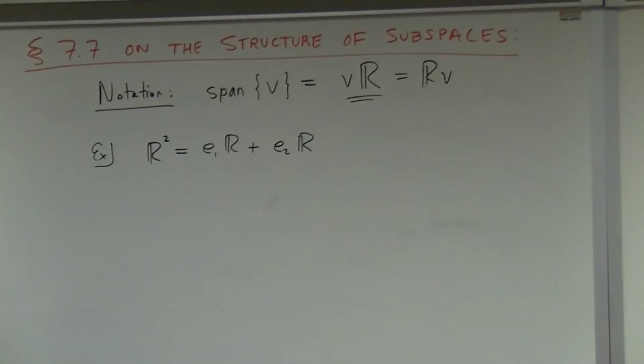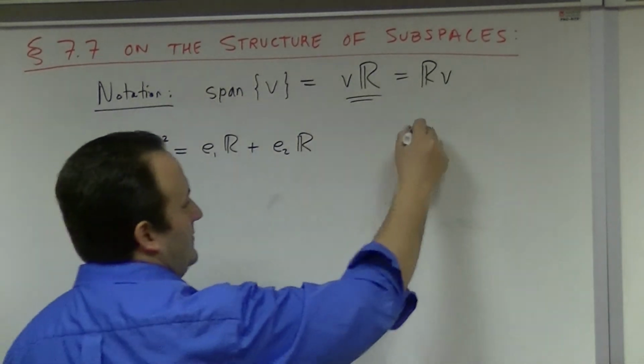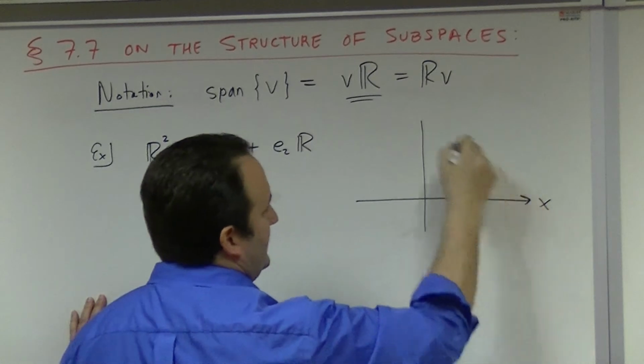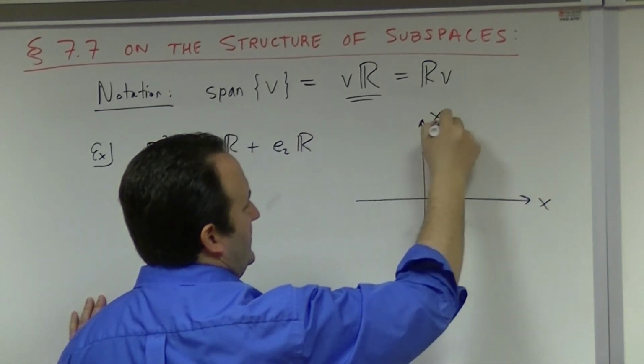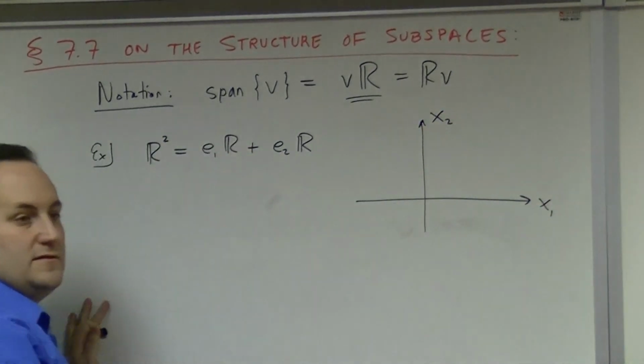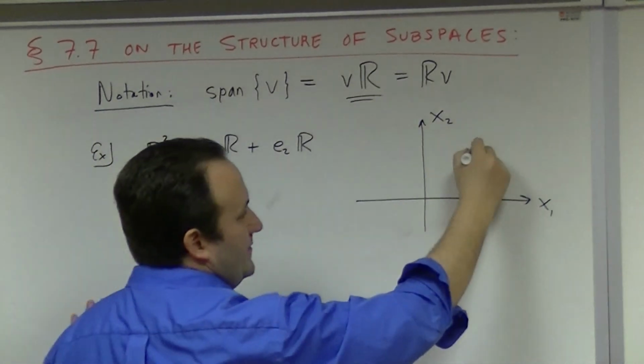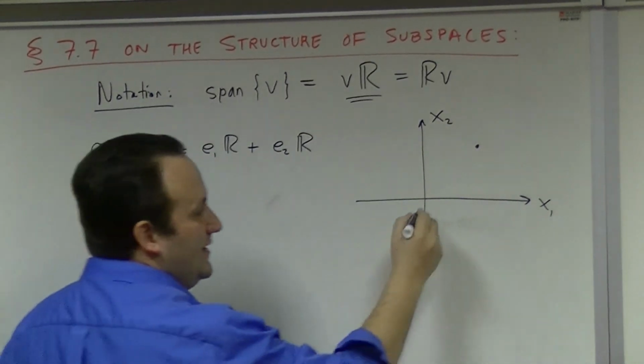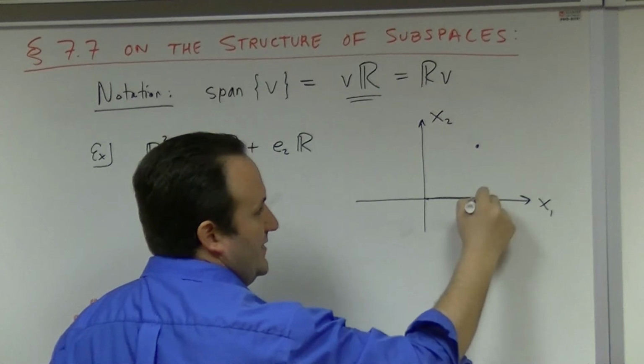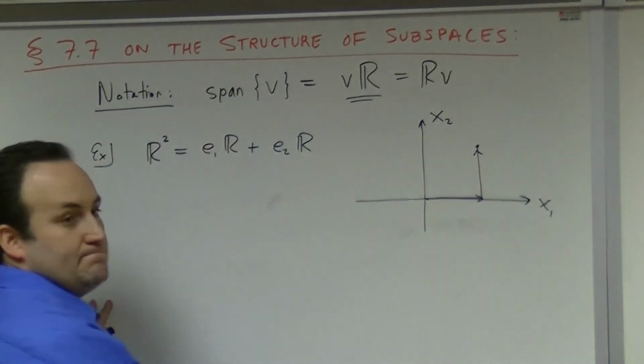Is this in fact a direct sum decomposition? Geometrically, here's x2, here's x1. You pick any vector here, there is a unique one of these and one of these that gets there.